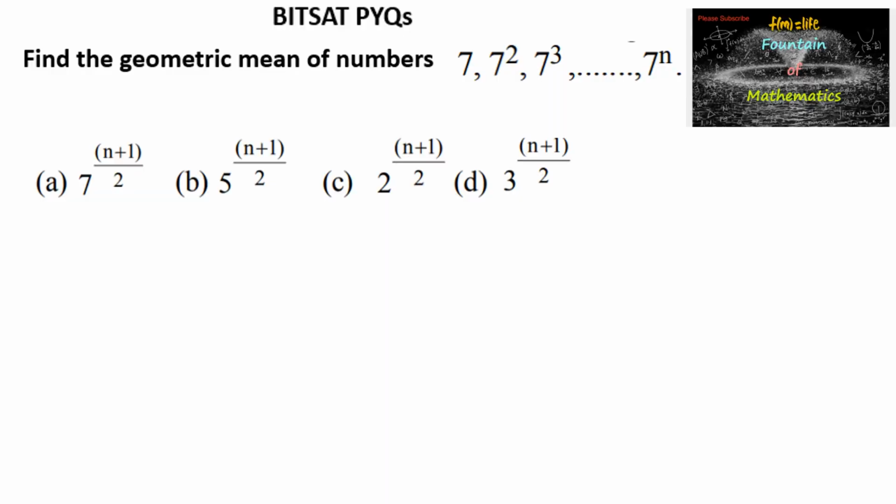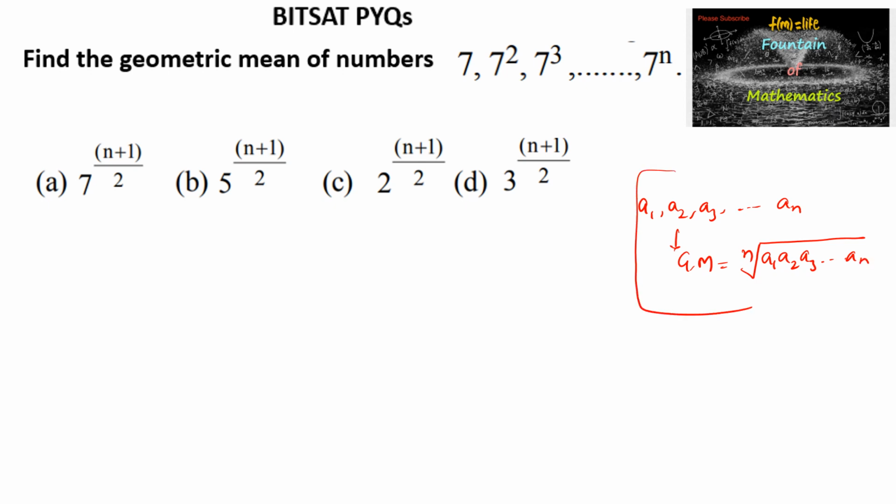Geometric mean of some n numbers. If A1, A2, A3 and so on up to An are n numbers, then the geometric mean is given by GM equal to the nth root of A1 into A2 into A3 and so on into An.